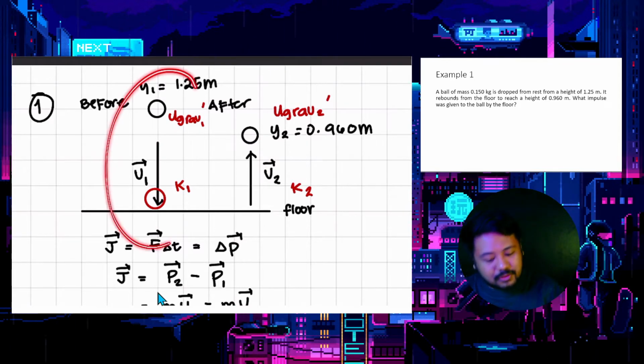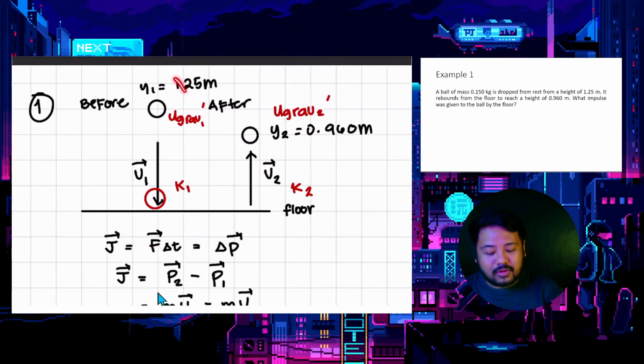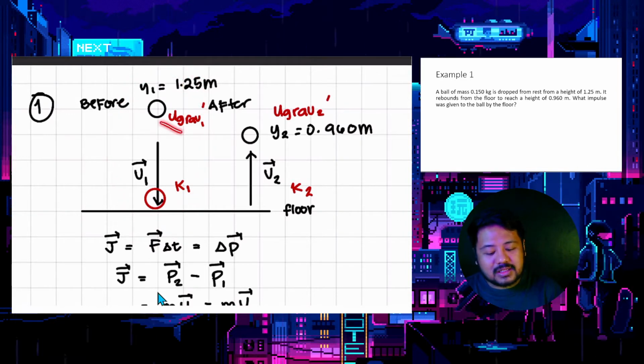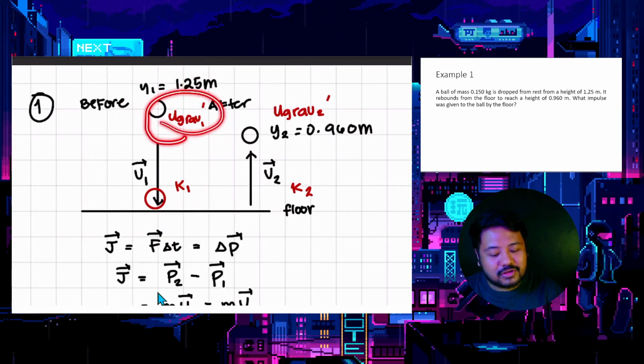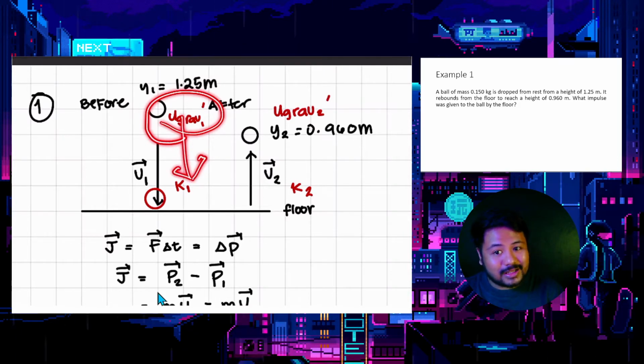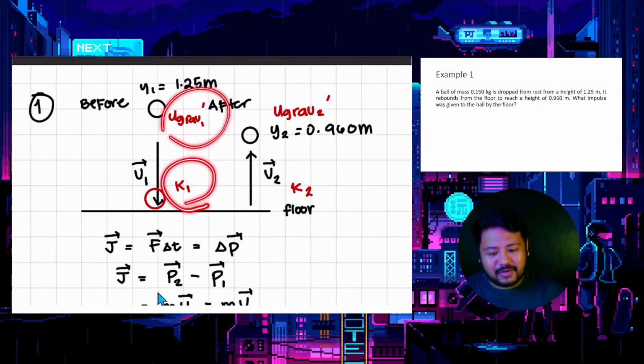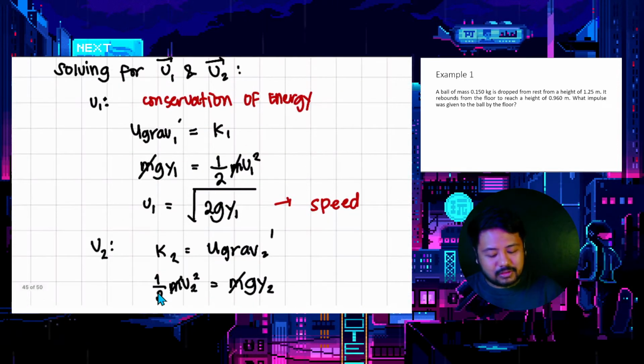And focusing only here in our first motion, the going down motion, we know that it is coming from the gravitational potential energy, it is being converted into kinetic energy. So you have U grav is just equal to K, or gravitational potential 1 is equal to kinetic 1.